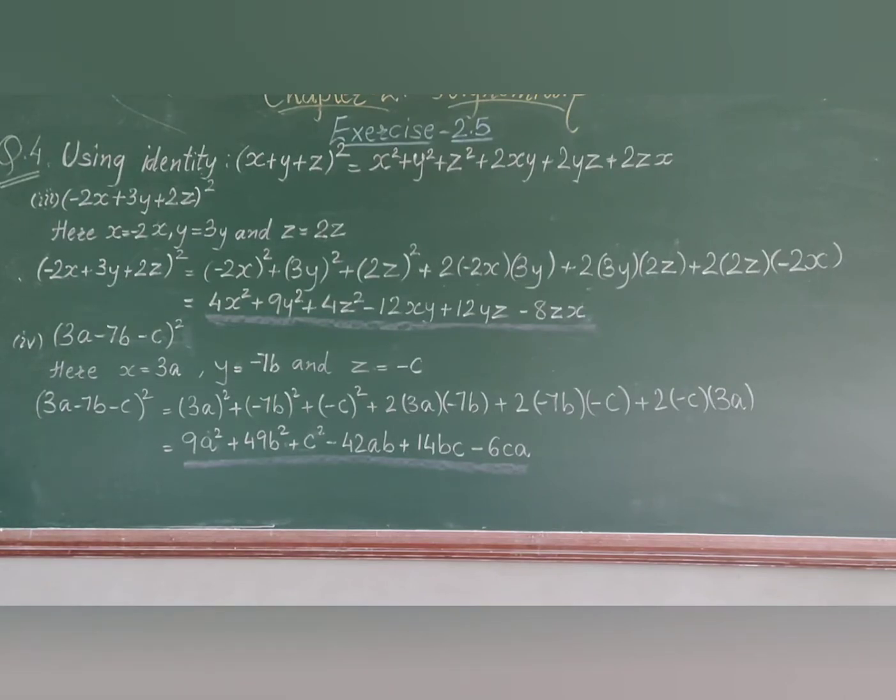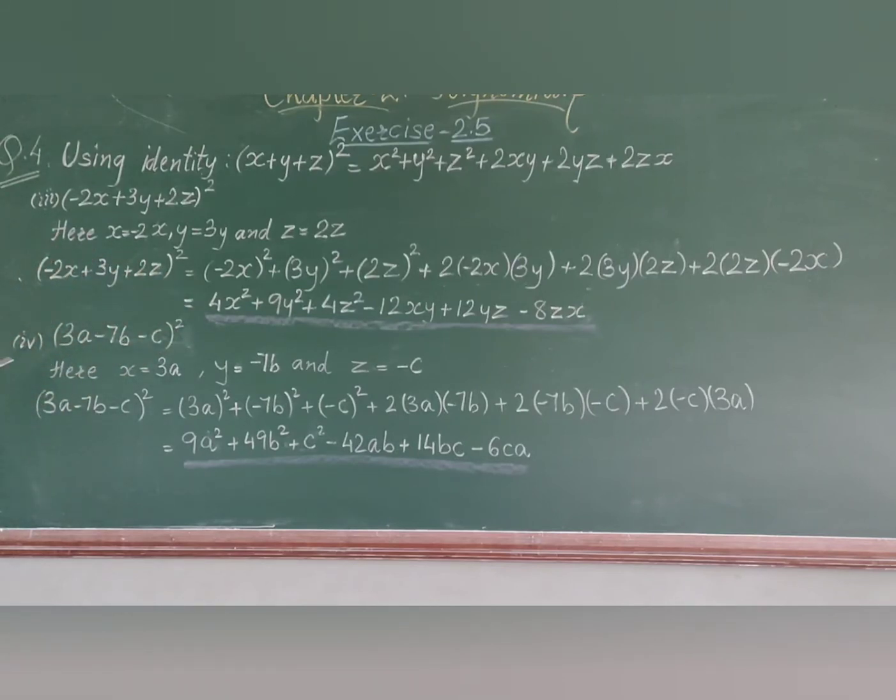Again you can see one minus is there, so we will get the answer minus only, so that is 2 twos are 4 and 4 into minus 2, that is minus 8zx. So the expansion of the given polynomial is 4x square plus 9y square plus 4z square minus 12xy plus 12yz minus 8zx.